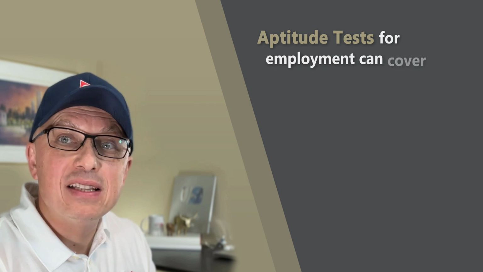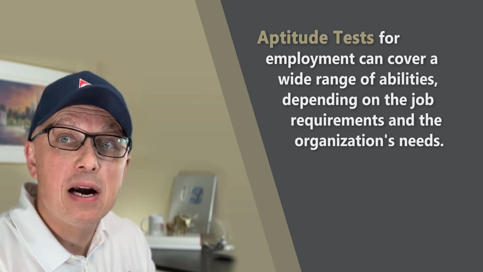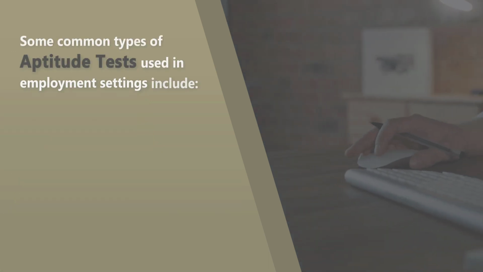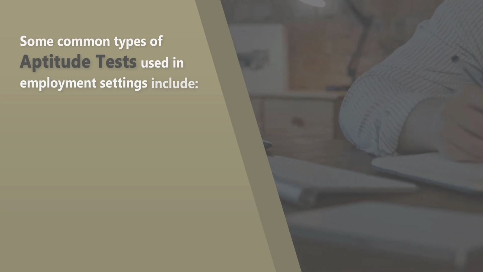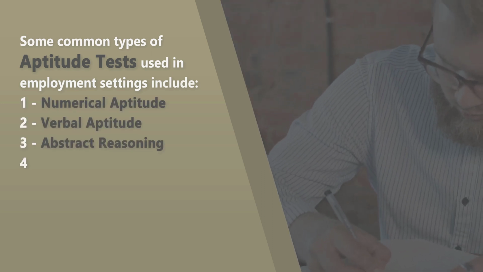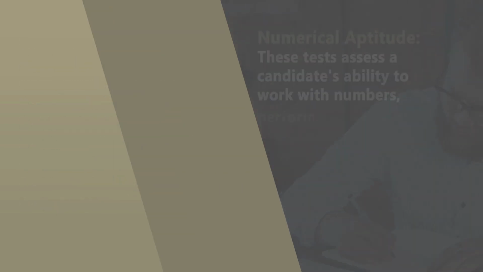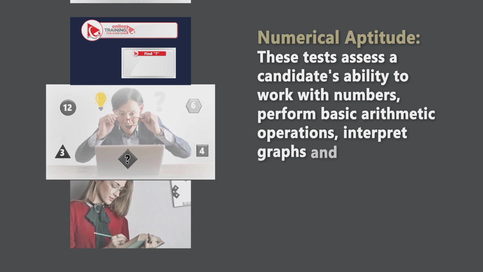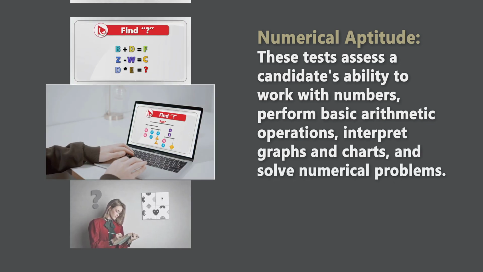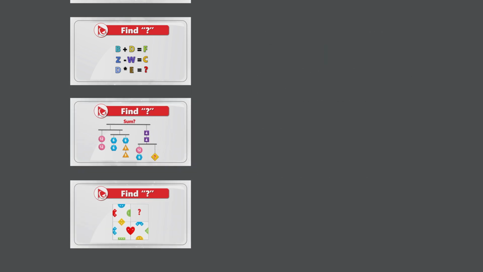Aptitude tests for employment can cover a wide variety of abilities depending upon the job requirements and their organizational needs. Some common types of aptitude tests used in employment settings include numerical aptitude, verbal aptitude, abstract reasoning, spatial aptitude, mechanical aptitude, and a lot of others. Numerical aptitude questions assess a candidate's ability to work with numbers, perform basic arithmetic operations, interpret graphs and charts, and solve numerical problems.